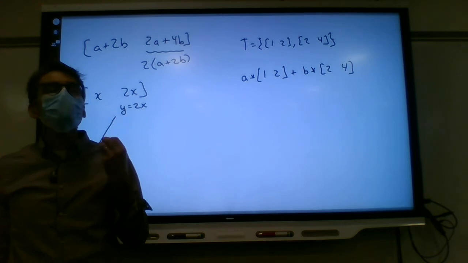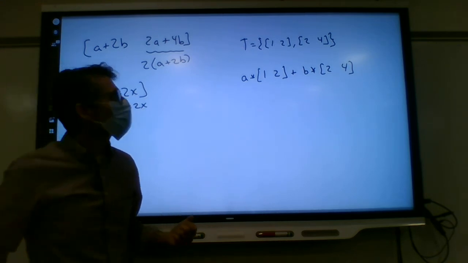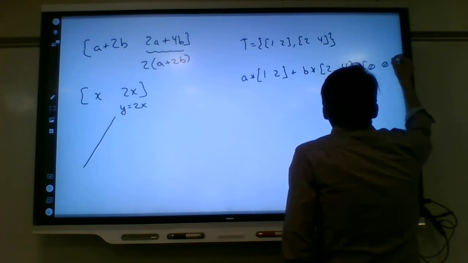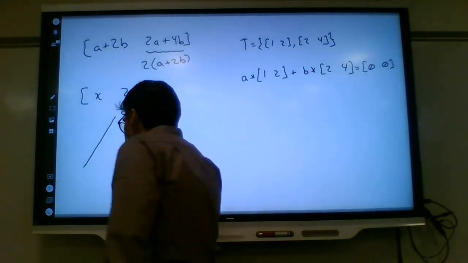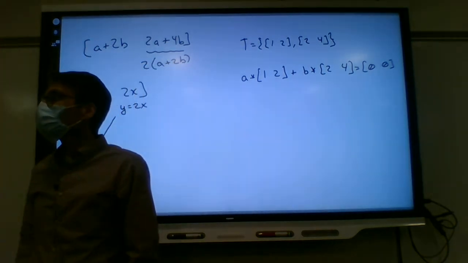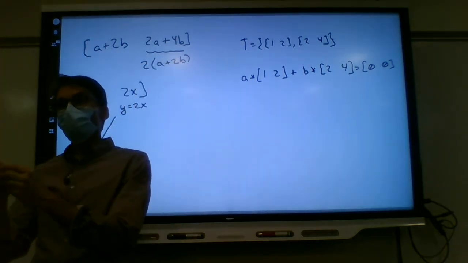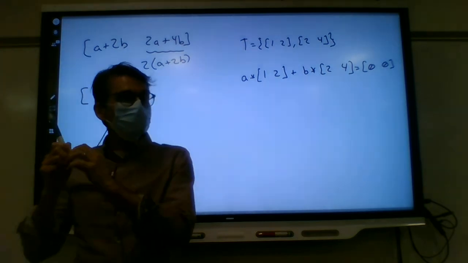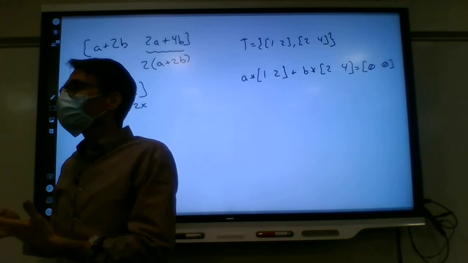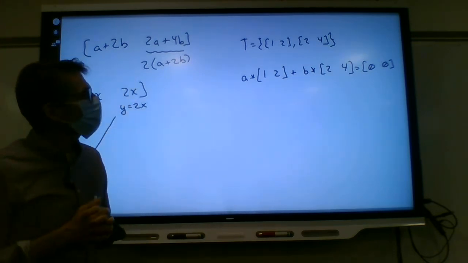We want to figure out the coordinates for the 0 vector. In general, the coordinates for the 0 vector should be 0, 0. Because the 0 vector is the origin, and so the origin in the new system should also be 0, 0 in that case.